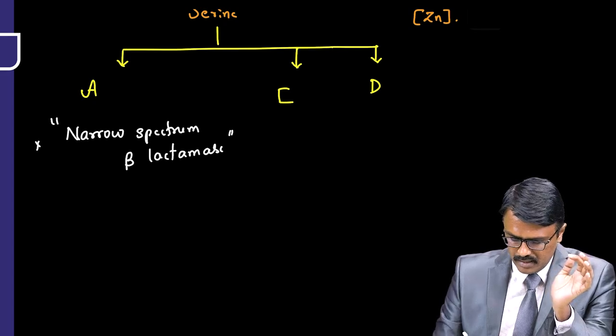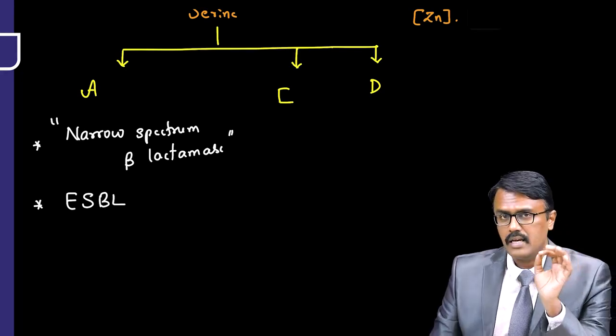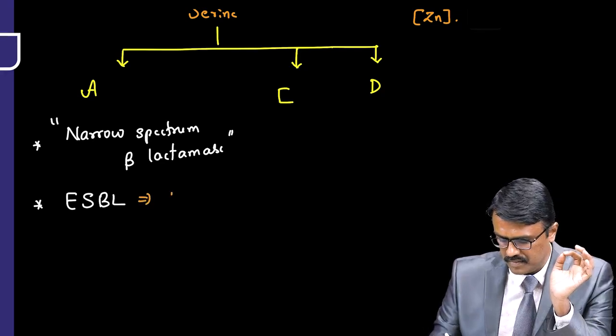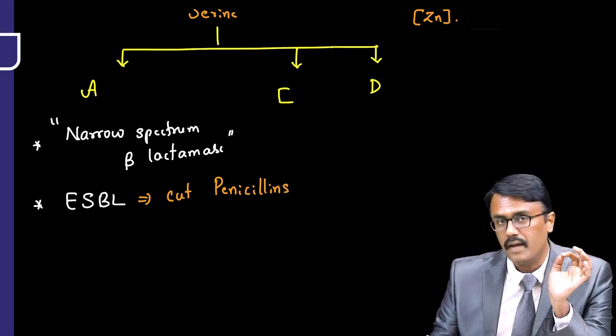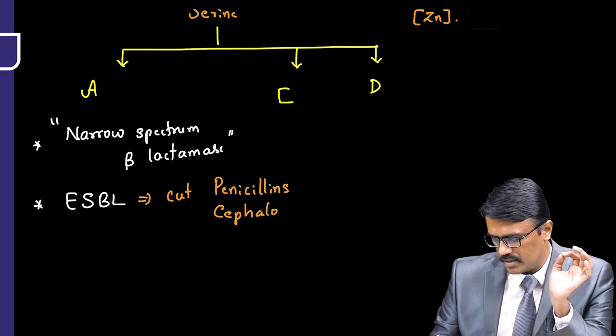The next category in that is ESBL. ESBL stands for extended spectrum beta-lactamase. These enzymes can cut penicillins, and they can cut cephalosporins, and they can also cut the monobactams.